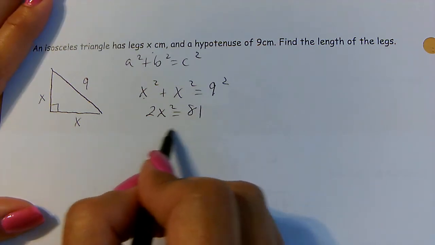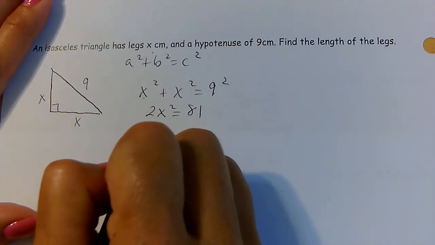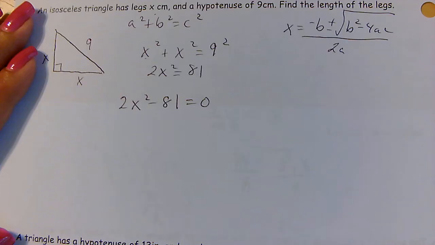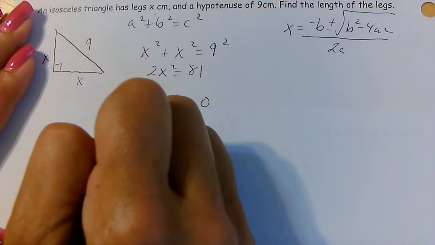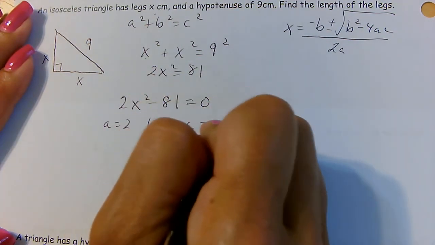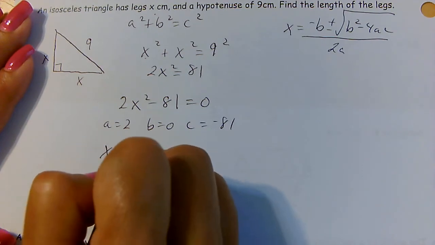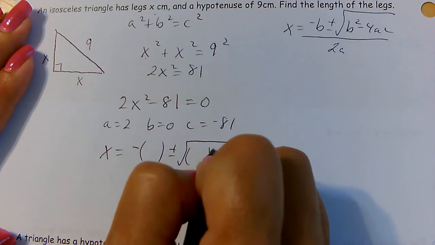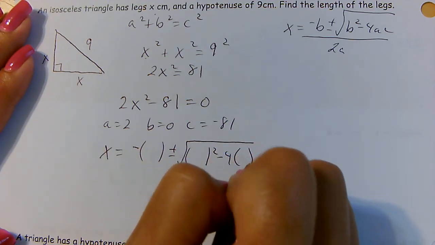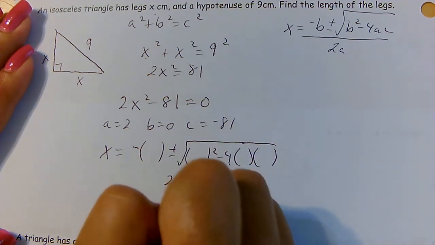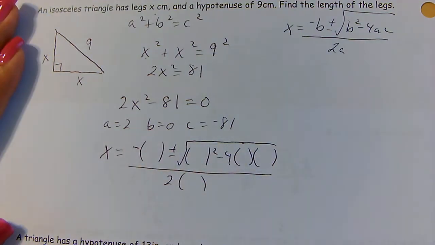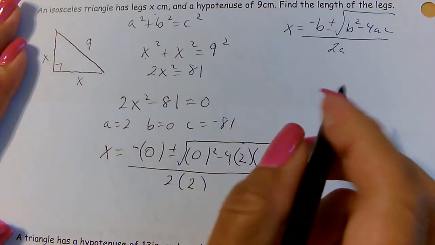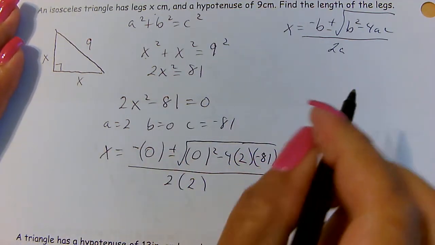Set it equal to 0. I'm going to bring the 81 over. So I have A is 2, B is 0, C is negative 81.